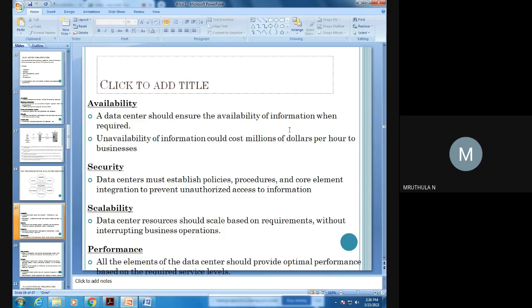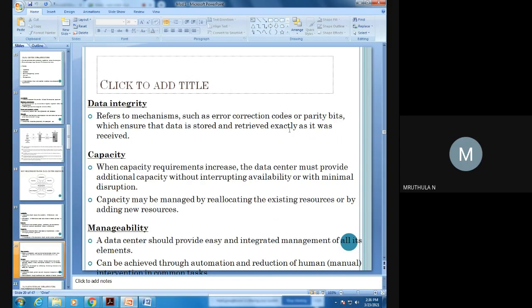Scalability. It should scale based on requirements without interrupting the current business operations. Performance. All the elements of a data center should provide optimal performance based on the required service levels. Data integrity refers to mechanisms such as error correction codes or parity bits which ensure that data is stored and retrieved exactly as it was received. Then capacity.